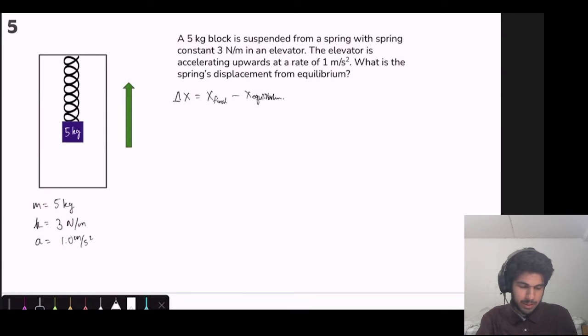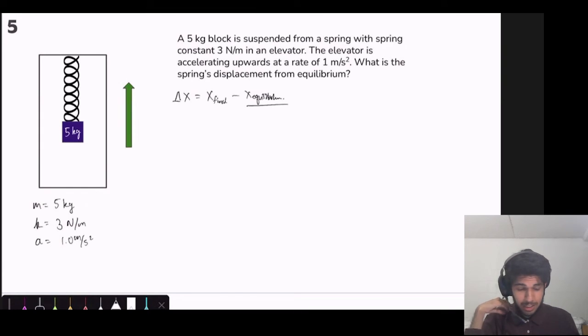Given the equilibrium position and the final position, we can obtain that displacement just by taking the difference. So how can we find this equilibrium position? When is the system in equilibrium? That's a really good starting question to ask yourself.